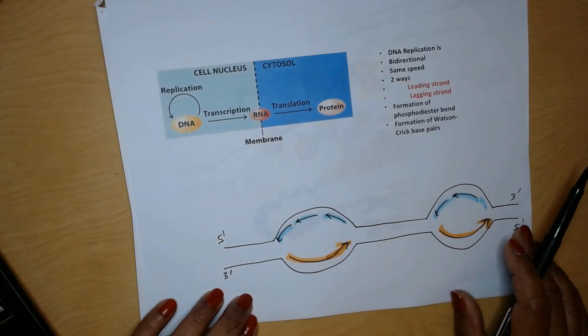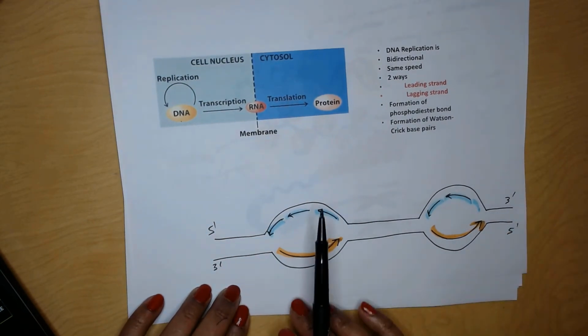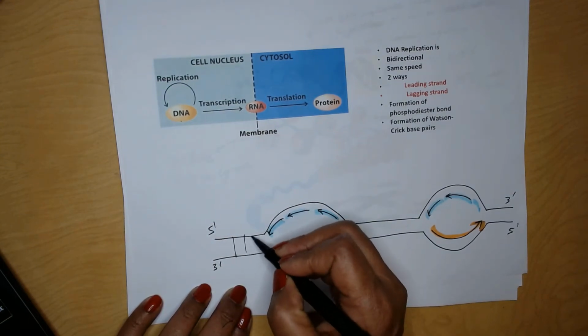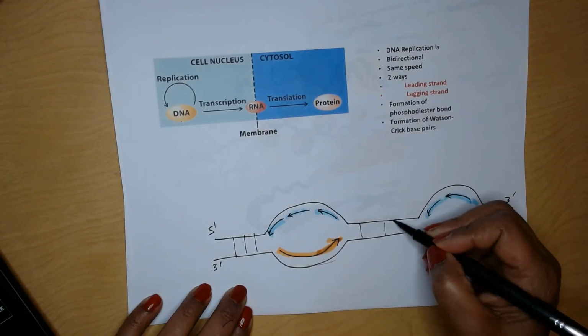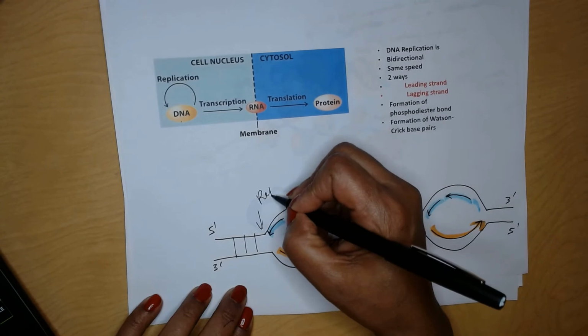Once we have separated this molecular DNA, we will have 2 strands, each one of them serving as a blueprint or template, with one part being synthesized. So if we have many base pairs in here, we have created what is called a replication fork.